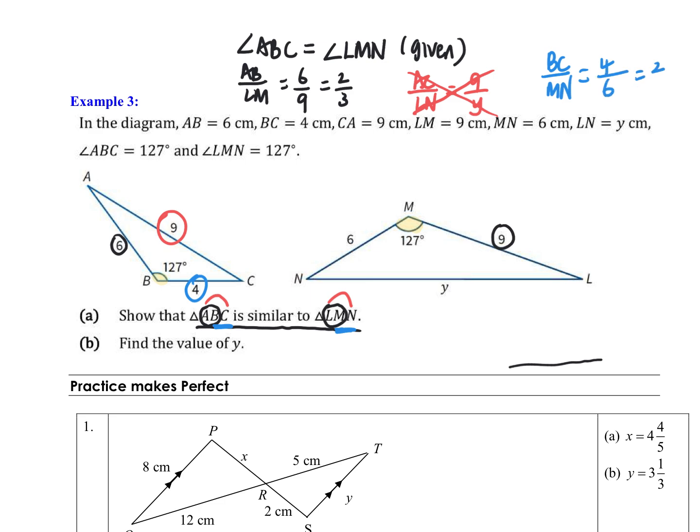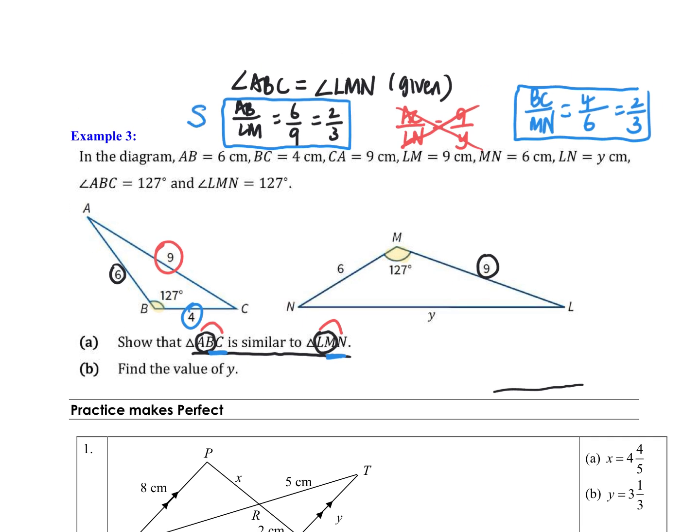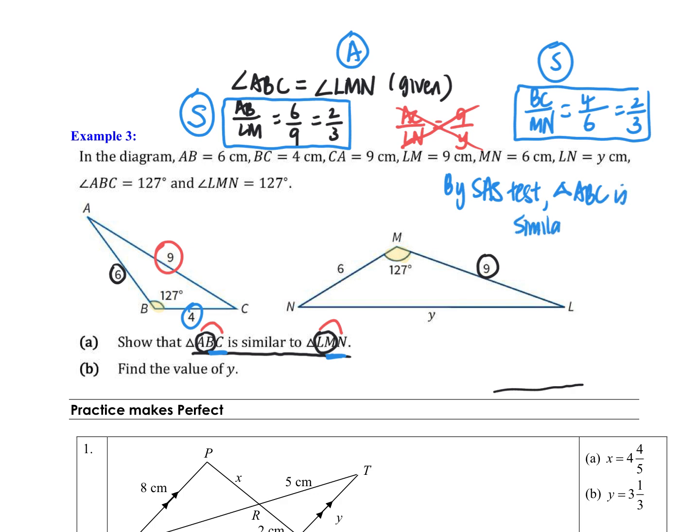So yes, indeed it is 2/3. So I have shown that I have 2 corresponding sides that are of the same ratio. So this is your S, this is your A, and this is your S. So by SAS test, triangle ABC is similar to triangle LMN.